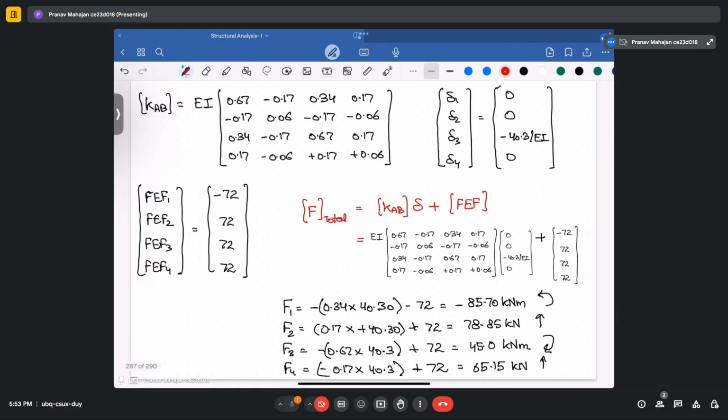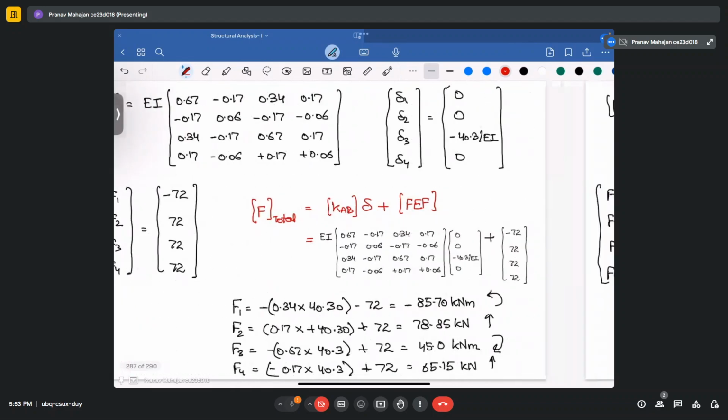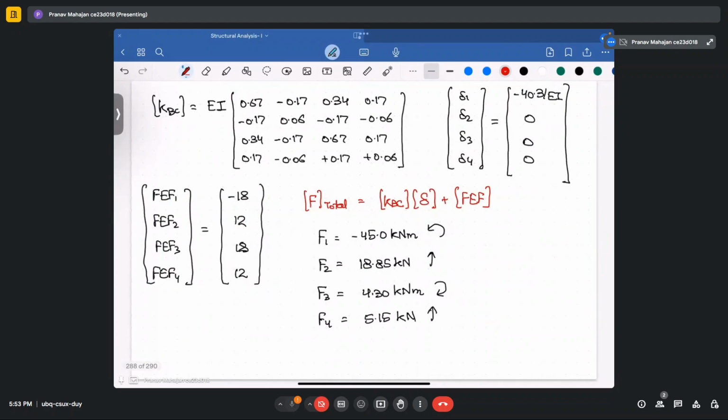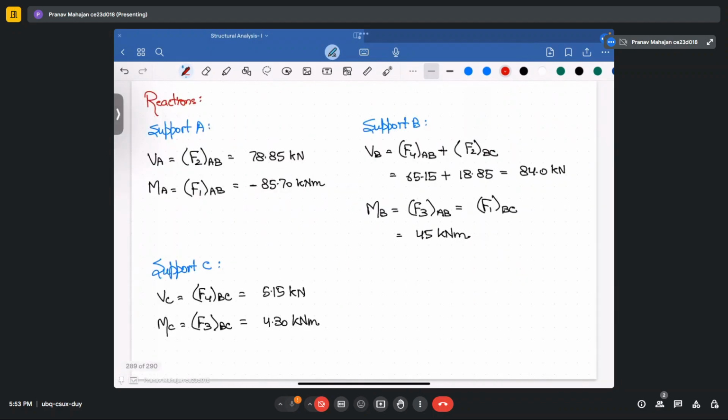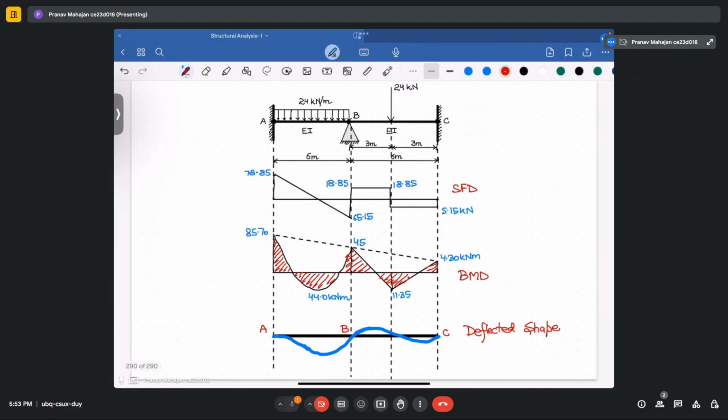So based upon that, F1, F2, F3, F4 are calculated for both the members AB and BC. And finally, reactions and moments at supports A, B, and C are determined. After determining the values, we plotted them and determined the shear force, bending moment, and deflected shape diagram.